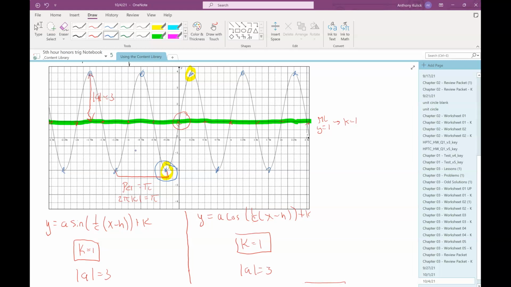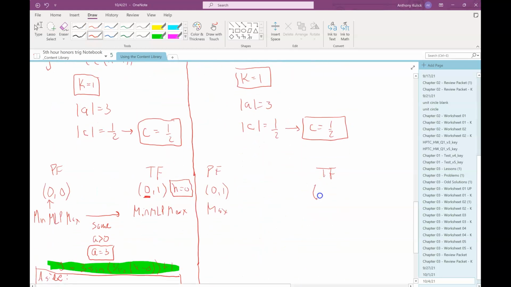That's at negative 2.5 pi, or pi over 4, and then negative 2. And that was a minimum. Since these are opposite types of extreme points, that tells me that the a has to be negative. So in this case, my a is negative 3.